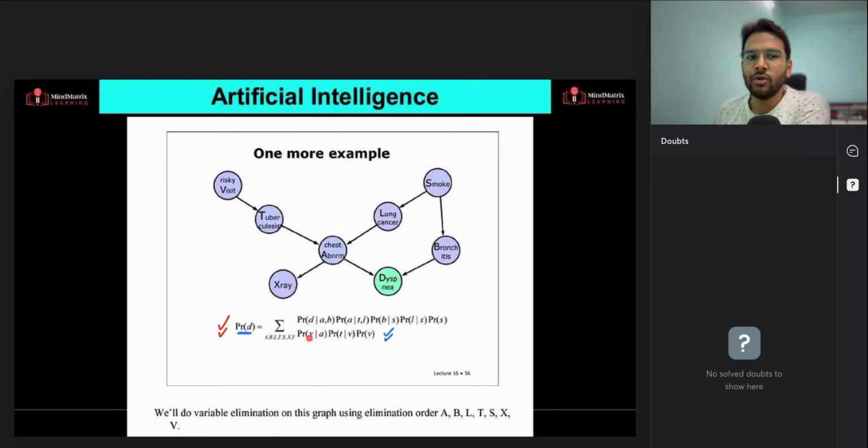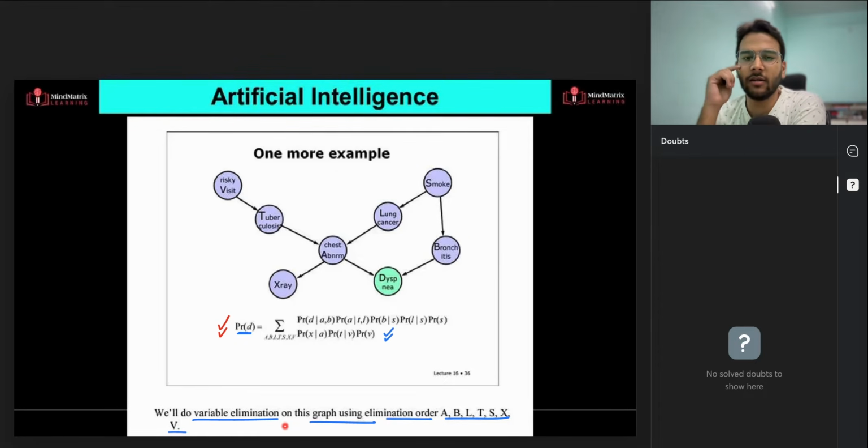Okay. So now we will do variable elimination on this graph using an elimination order. This is the elimination order that we have decided. Elimination order also matters. Understand this thing: what elimination order you decide, the number of factors that you are going to get also depends on that.